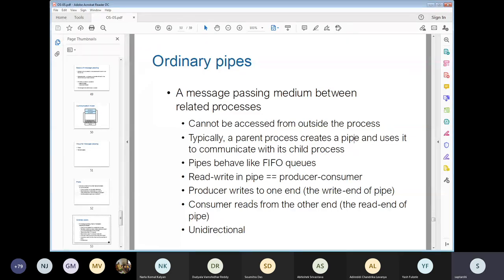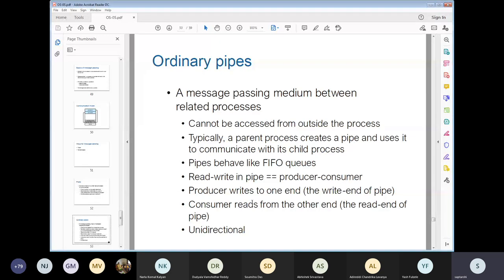The producer-consumer paradigm is just an abstract paradigm, and there can be many different implementations of it. I think you are all very familiar with the term abstract data type. Similarly, the producer-consumer problem is an abstract notion. We discussed one implementation using shared memory. Pipes can also be used.